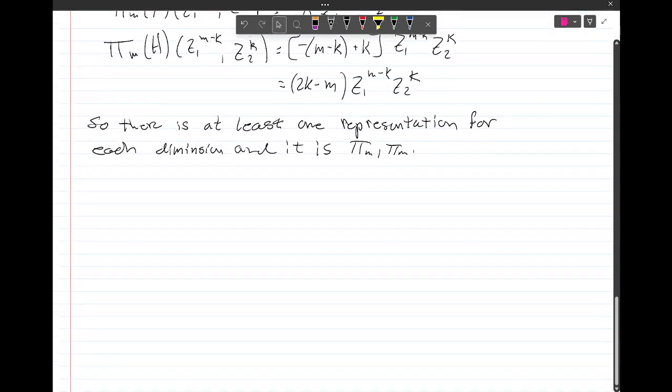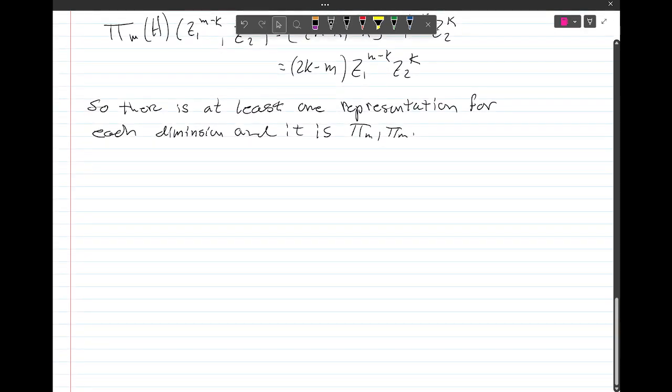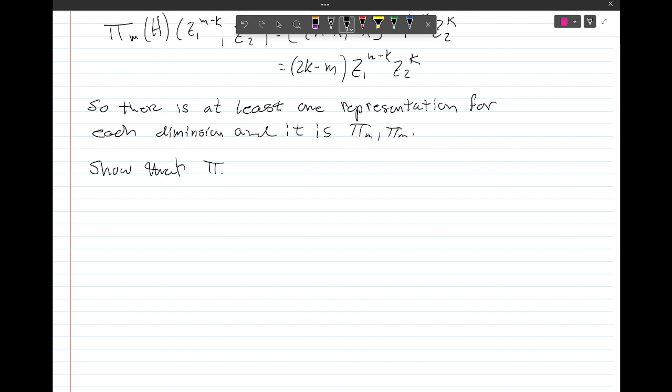Now let's show that it's irreducible. Lowercase, that is, pi m is irreducible.